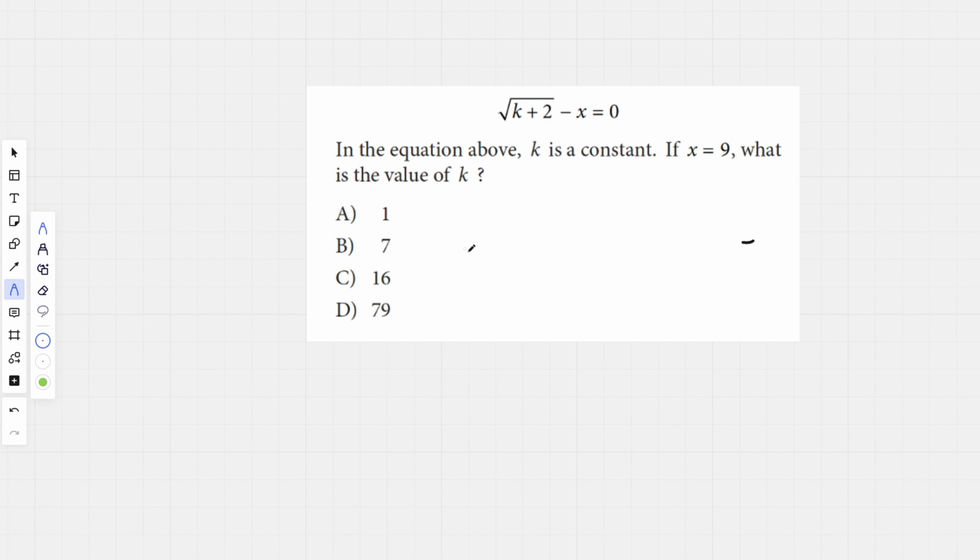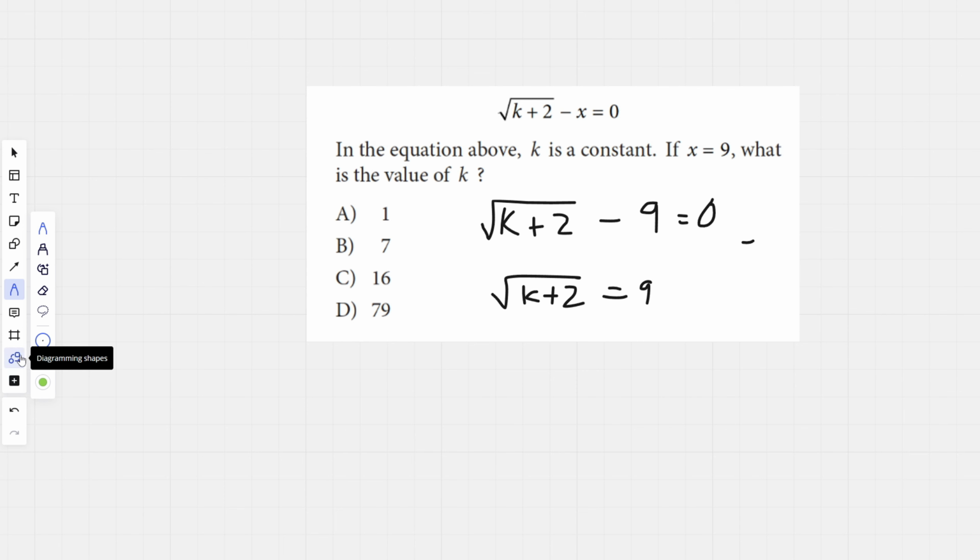In the equation above, k is a constant. If x equals 9, what is the value of k? Okay, so we get the square root of k plus 2 minus 9 equals 0. Okay, so I get, just doing my basic algebra, the square root of k plus 2 equals 9.